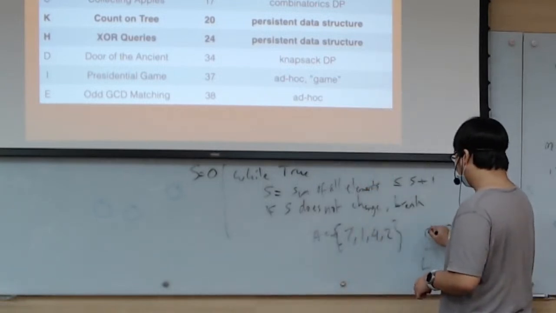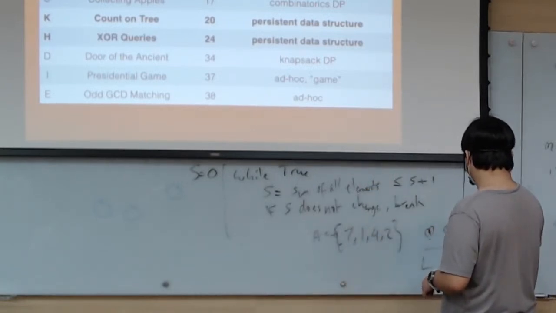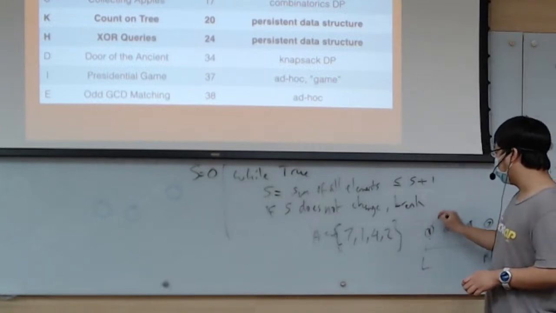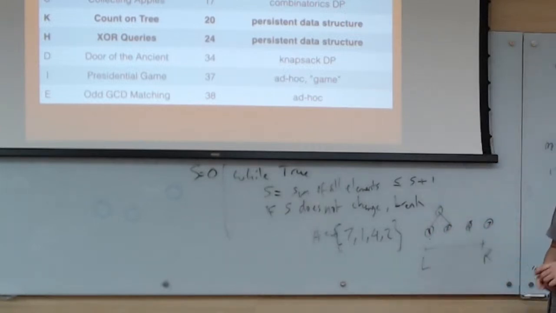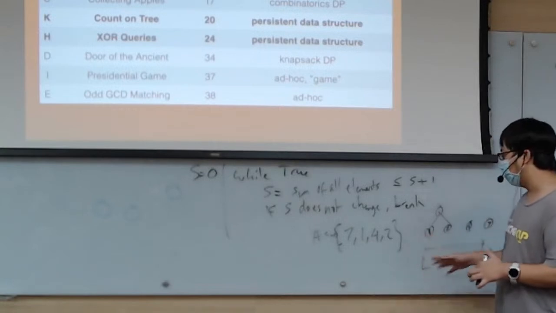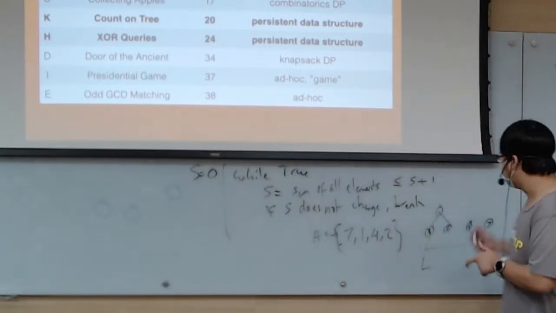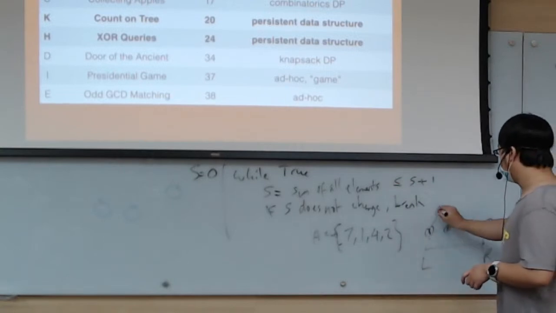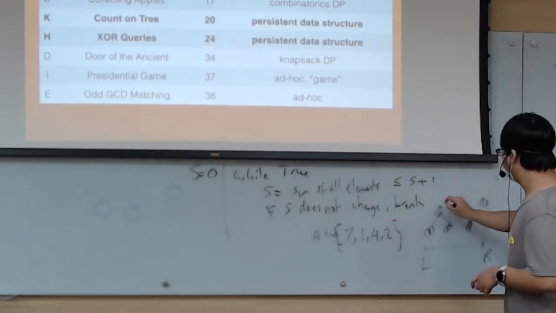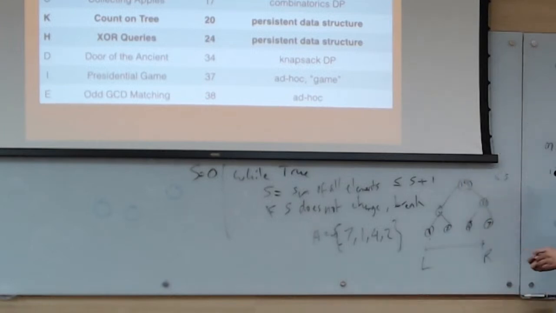Then this is 1, 2, 4, 7. Basically we want to be able to do a range sum query counting only elements that are smaller than s, what's the total? So this is 3, this is 11, and this is 14. And then we can query the sum of elements smaller than s.